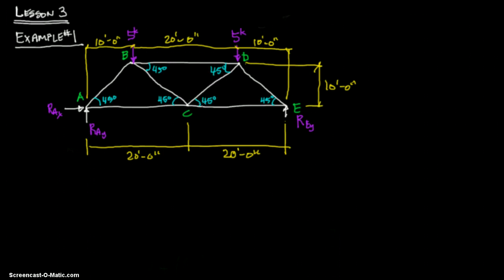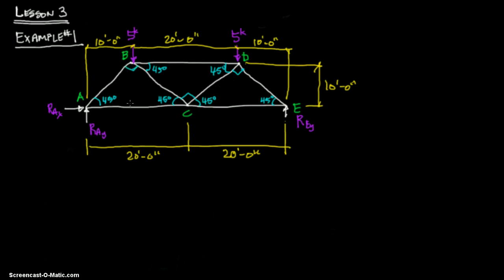Since this triangle has 180 degrees, 180 minus 45 minus 45 equals 90, so you will have a right angle, and then a right angle up there.